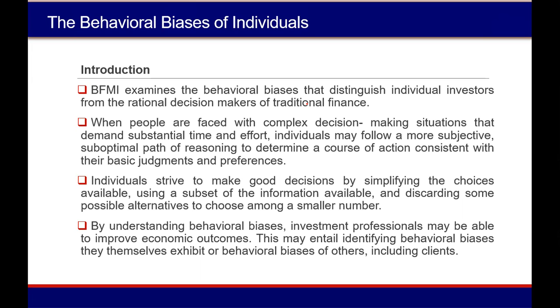Obviously people always make decisions, but their decisions become far from the optimal decisions. So there are some forces, some factors which are responsible for making people decide in such a way. And we try to understand those forces as behavioral biases that individual decision makers exhibit.